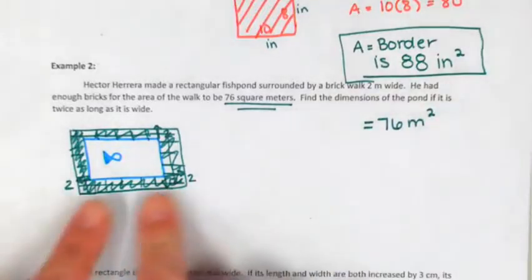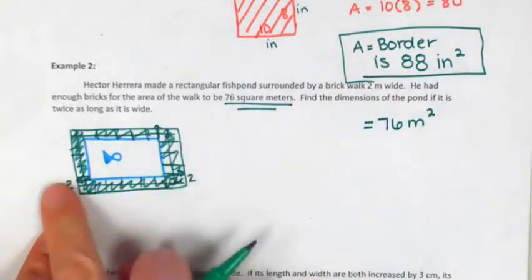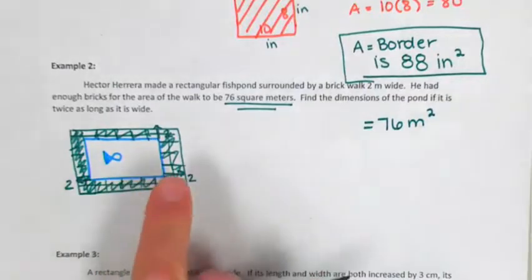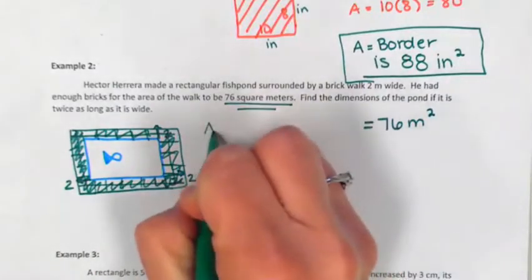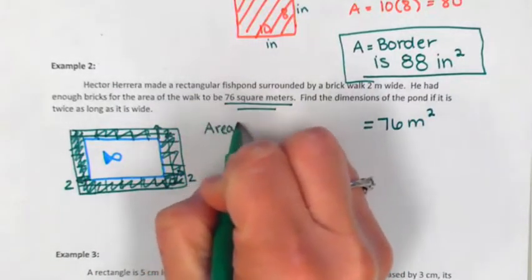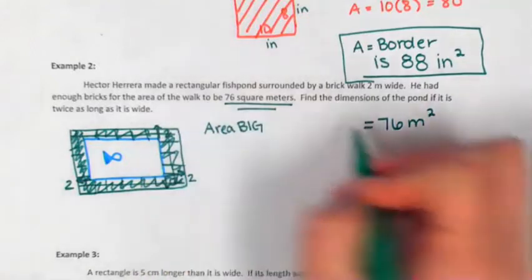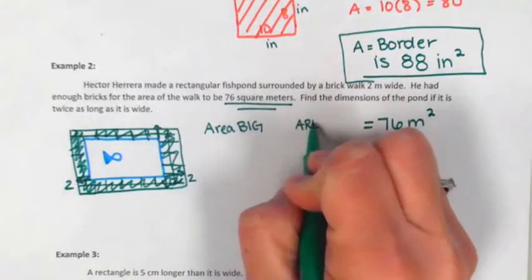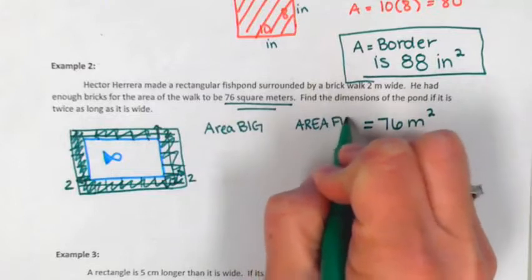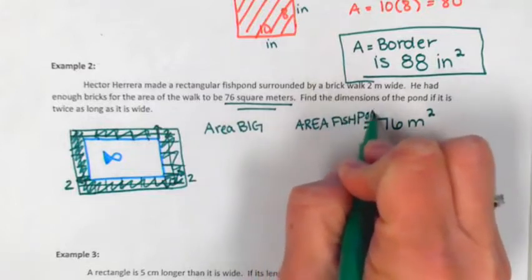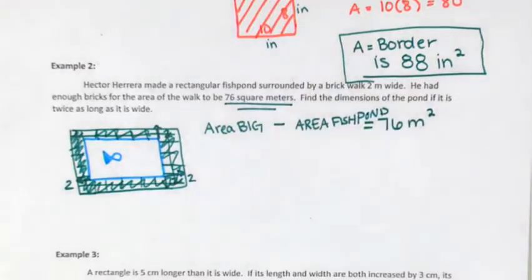Well, how do we get the area of just the brick walkway? Savannah? Yeah, so we're going to take the area of the big, then we're going to find the area of the small, which in this case is our fish pond, and we'll subtract the two, and it should equal what? 76 meters squared, right? Okay.